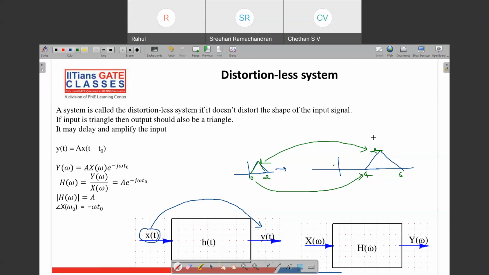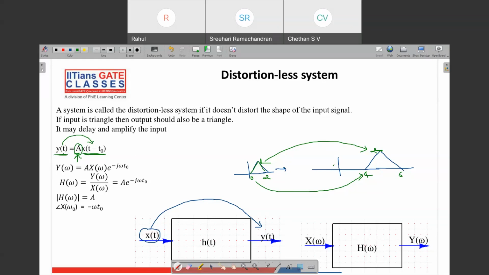So you can write the output as an amplitude modification of the input with some delay. This should be the relationship between the input and output of the distortionless system. It is just introducing some amplitude modification and some delay.